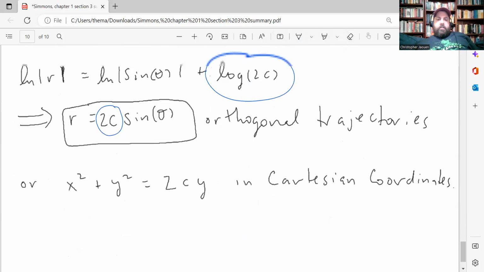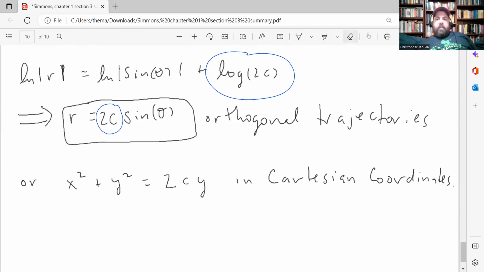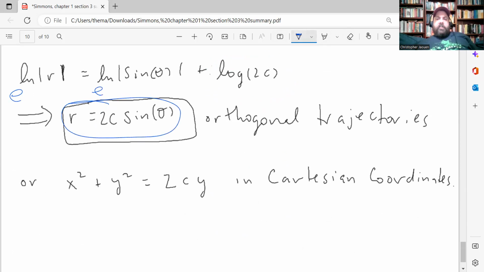Going back down, so if we solve the differential equation, we get that, and then take both sides of the equation as powers of base e and simplify, and you end up with this family of curves, and those are the orthogonal trajectories written in polar representation.